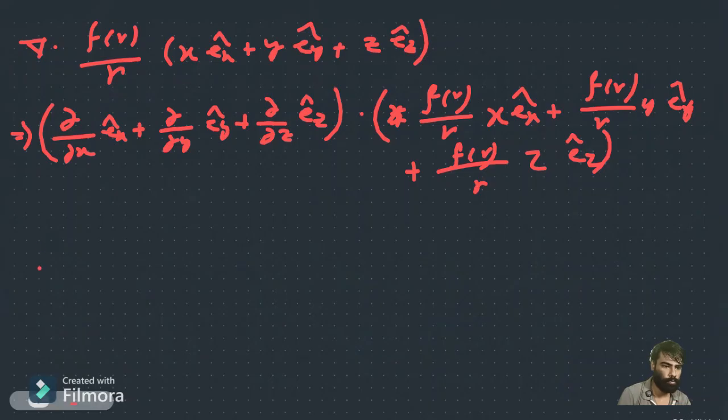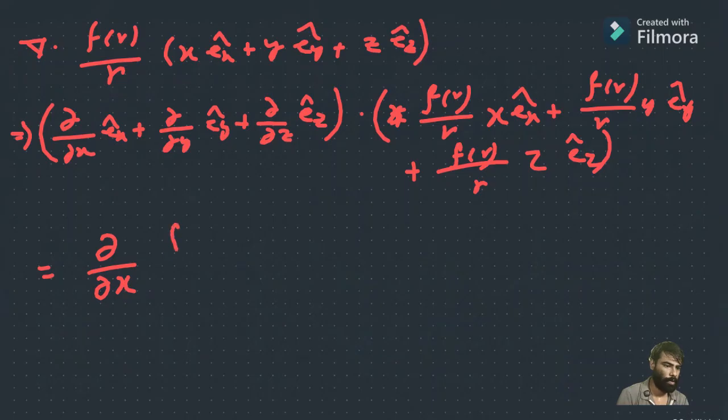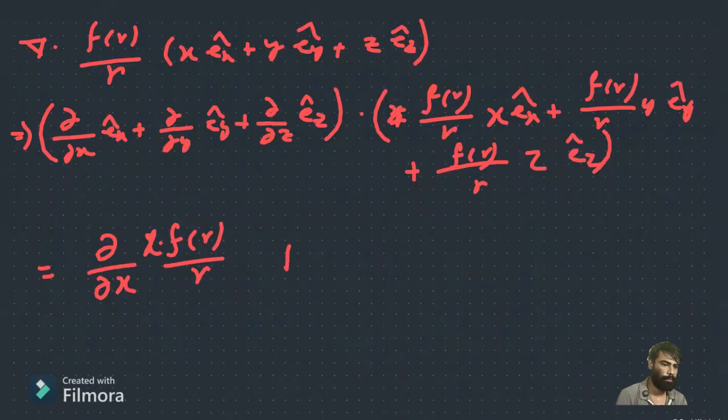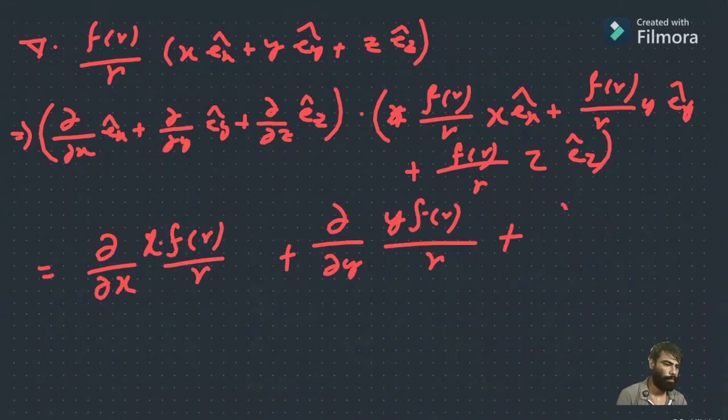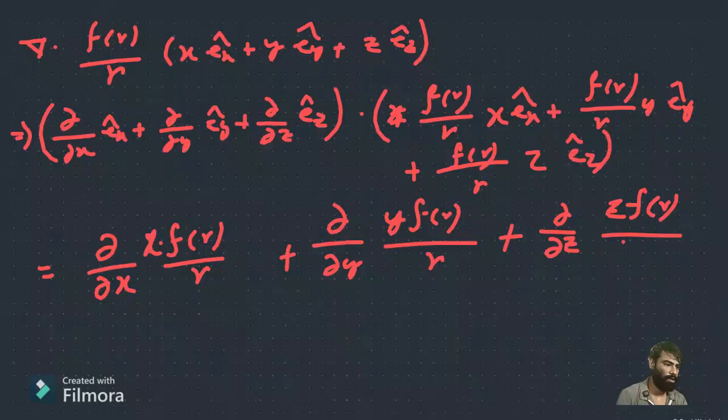Now for the first component, we will see del of del x of f(r) by r times x, plus del of del y of f(r) by r times y, plus del of del z of f(r) by r times z.